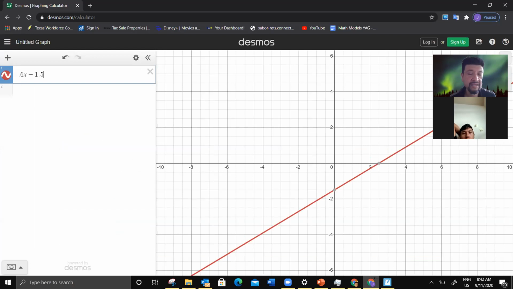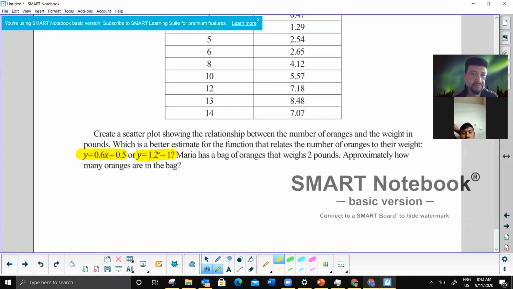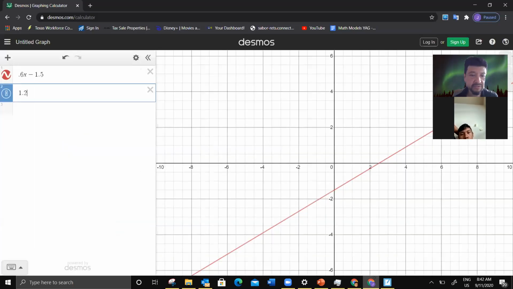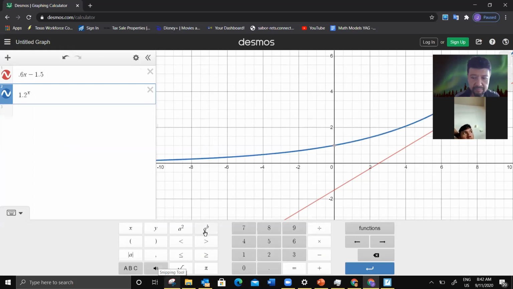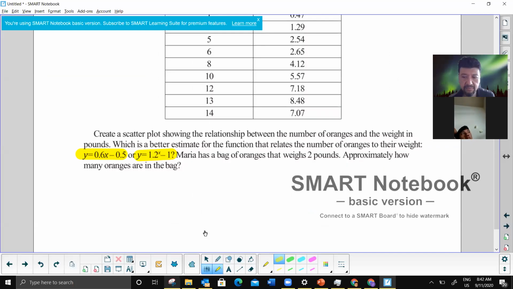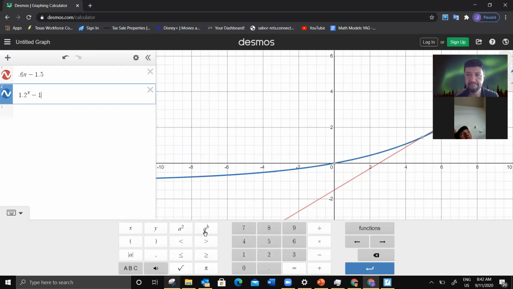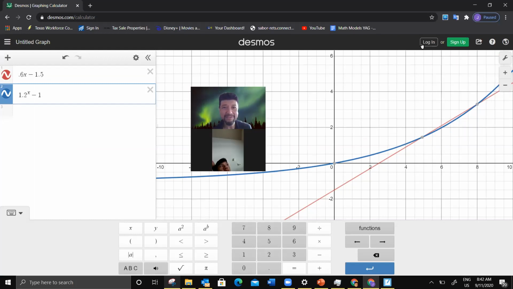And my other equation was 1.2 raised to the power of x minus 1. So interesting enough, they intersect at 2 places.